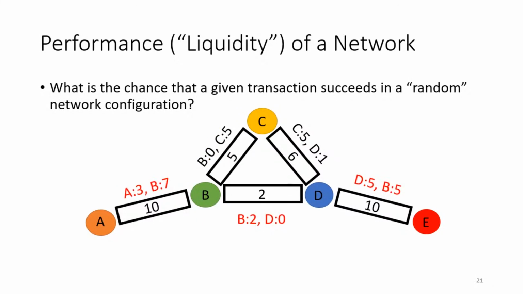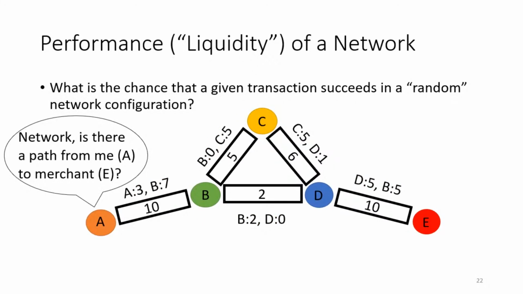When I finally finish my shopping and ask the network, hey network, can you send money to the merchant for me right now? The network is essentially in a random configuration. So what I'd like to study is the chance that the network will actually be able to resolve my transaction.